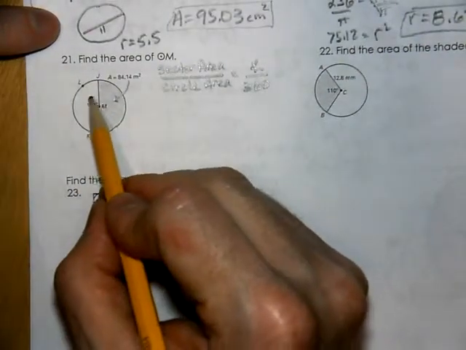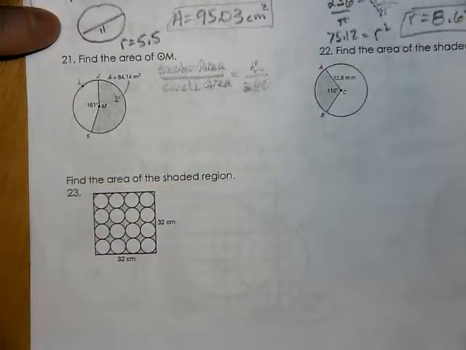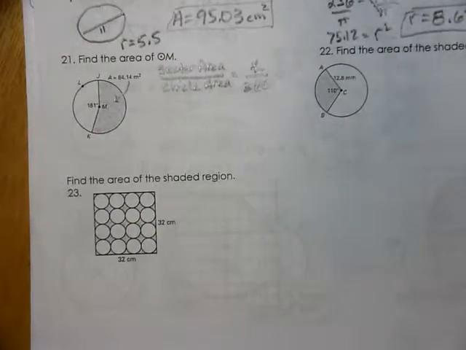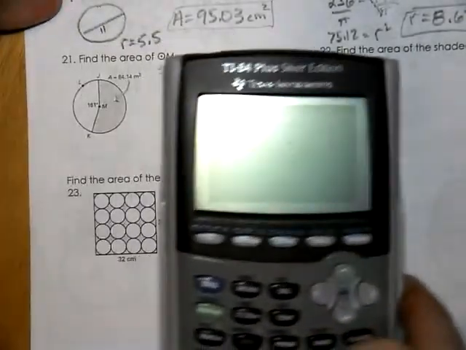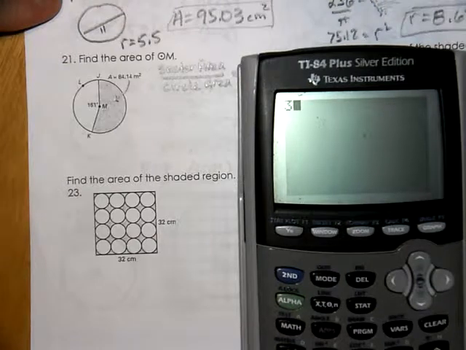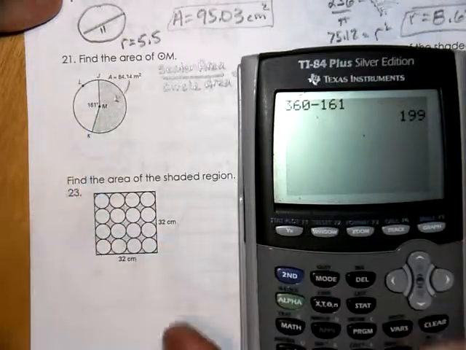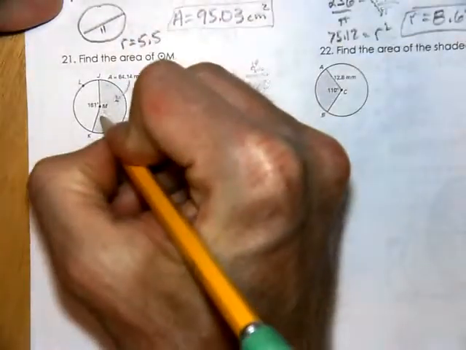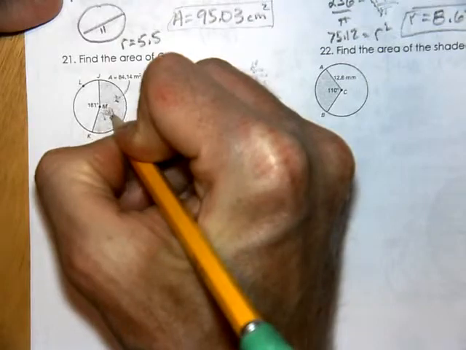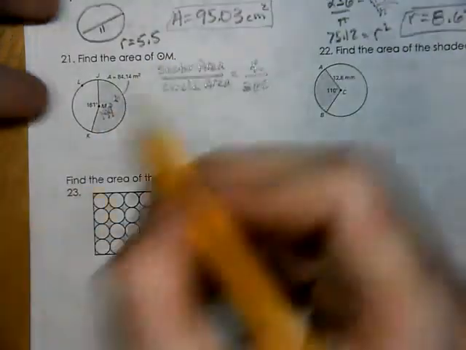Now notice that this side is 161. So if we take our calculator and say 360 is the whole circle minus 161, we're going to get 199 degrees to be on this side.